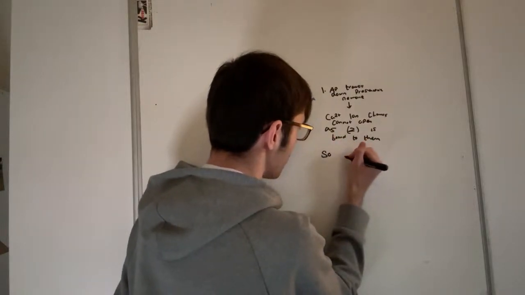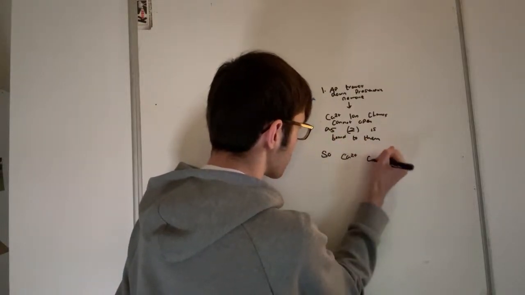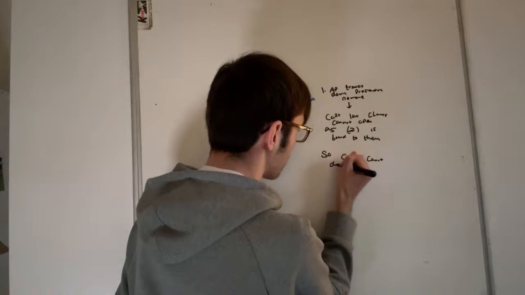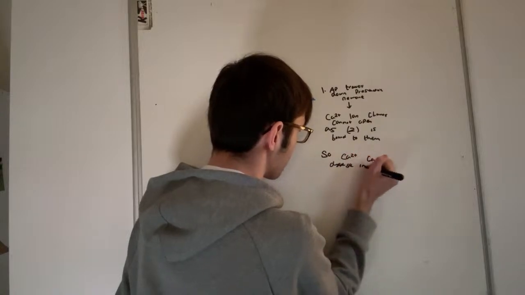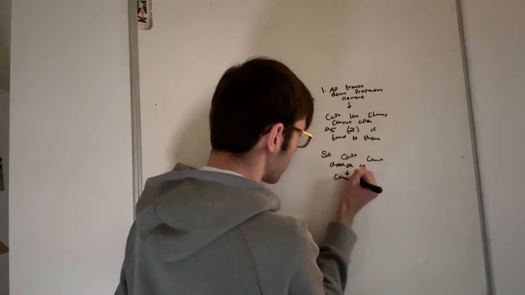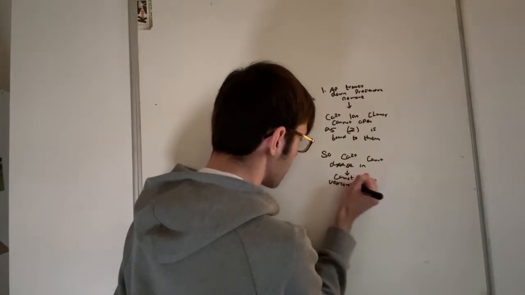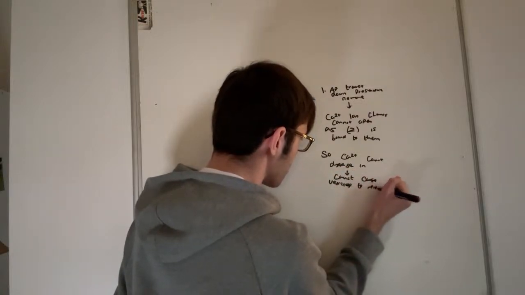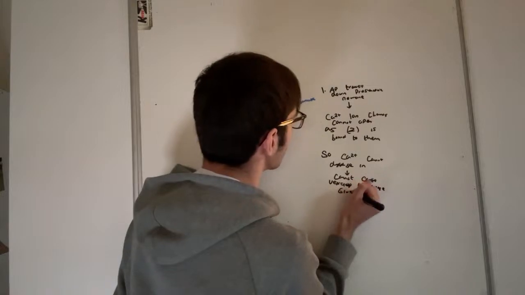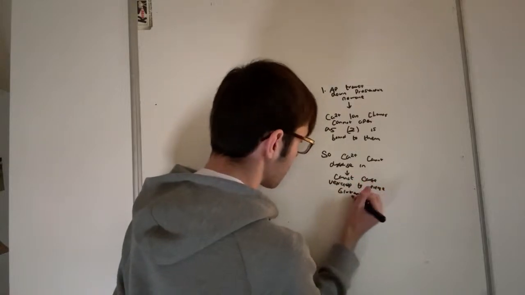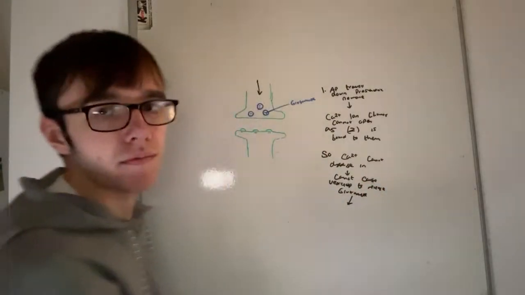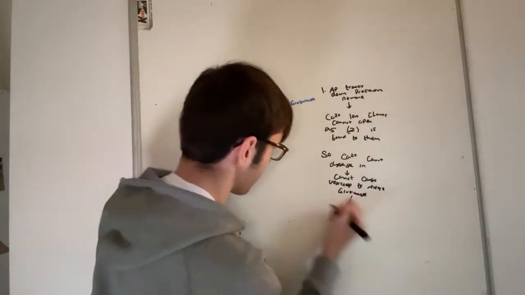So Ca2+ cannot diffuse in, cannot cause vesicles to release glutamate. And then the rest is pretty obvious from there.